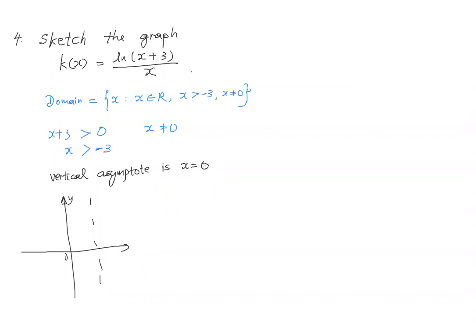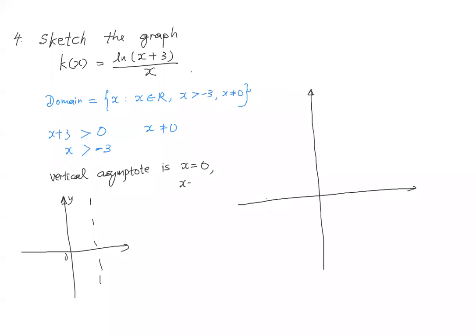So that means when I sketch the graph, I know that there is a vertical asymptote x equal to 0. There is another vertical asymptote, x equal to -3.